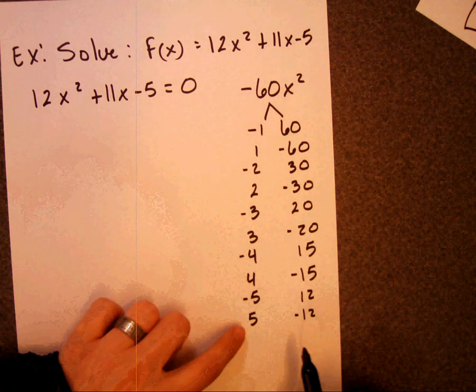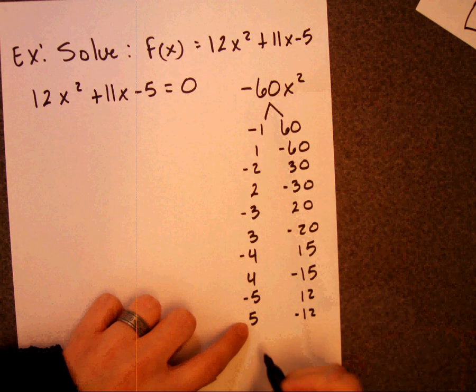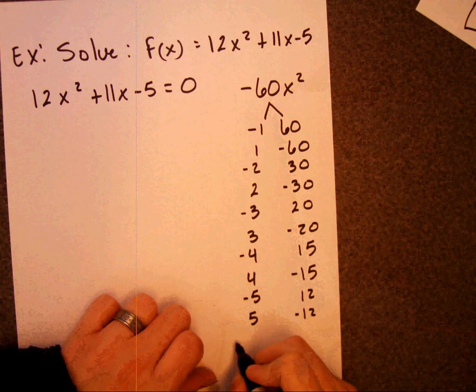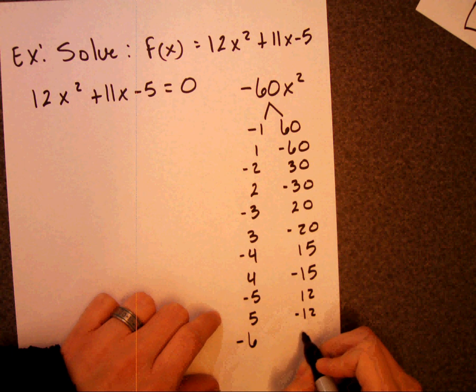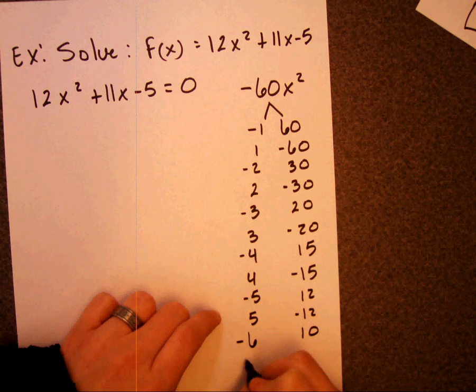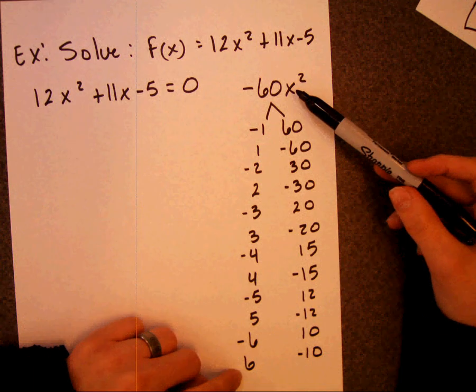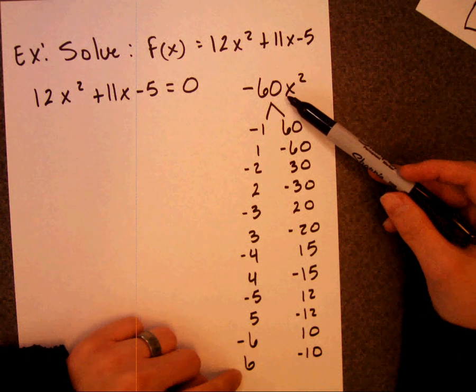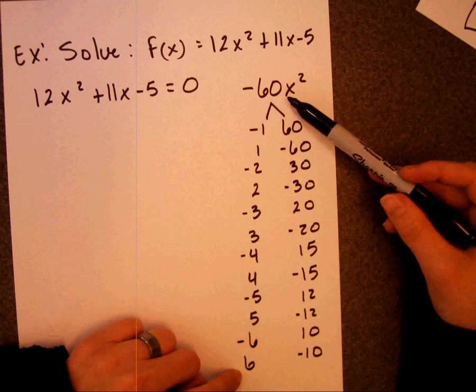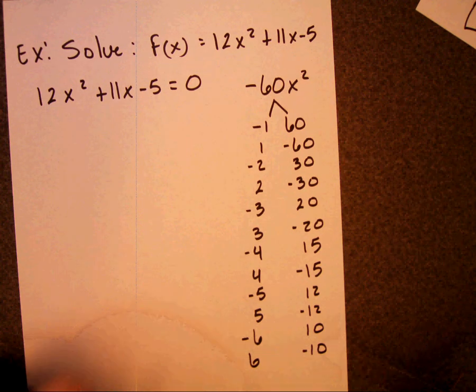Keep going. 6. 6 goes into negative 60 10 times, so I could have negative 6 and 10, or 6 and negative 10. 7 won't go into 60. 8 won't go into 60. 9 won't go into 60. 10 goes into 60, but it's already in my list, so I know I'm done now. Listed all of my factors out.